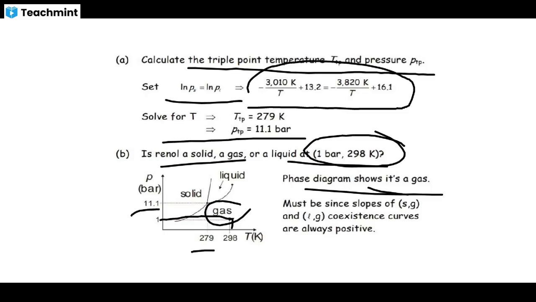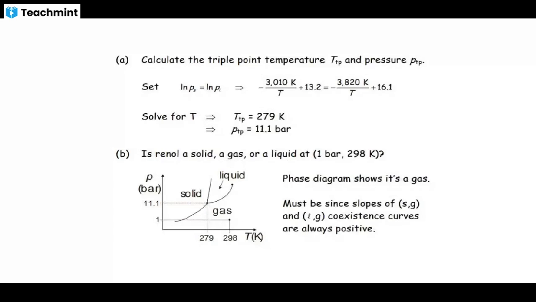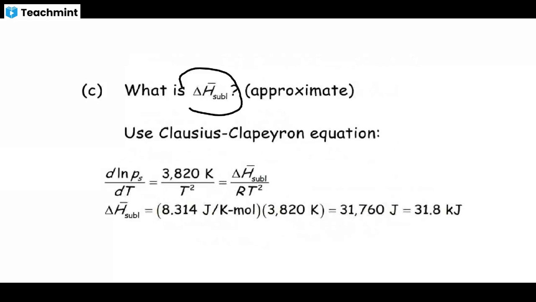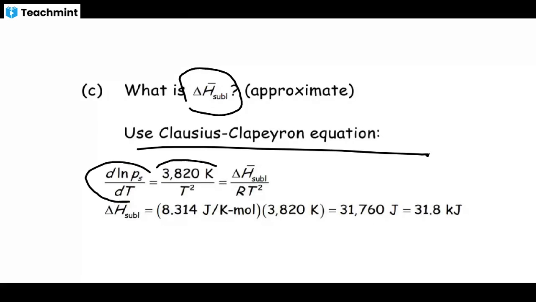Okay, phase diagram slopes must be seen; the slope of coexistence curves is always positive. Okay, what is delta H for sublimation? Use the Clausius Clapeyron equation, d ln Ps by dT equal to... So just differentiating with respect to temperature means the first term only.